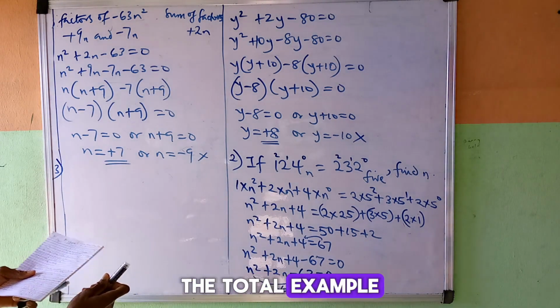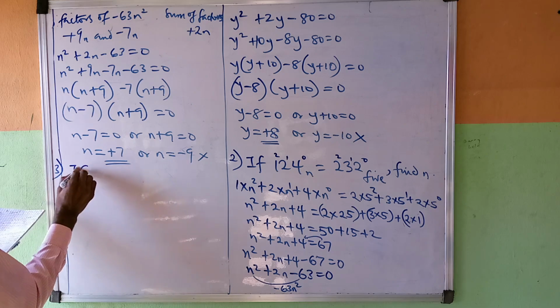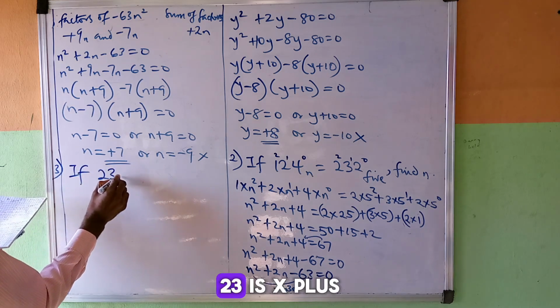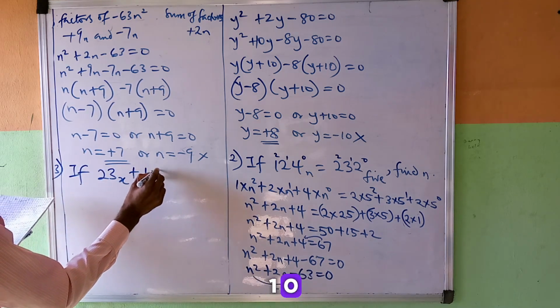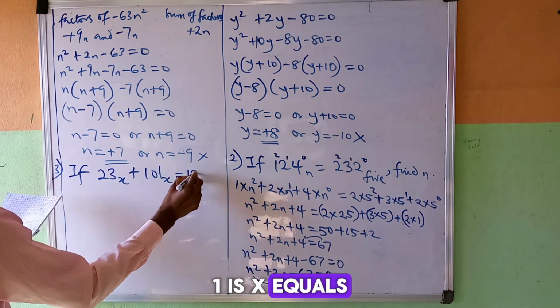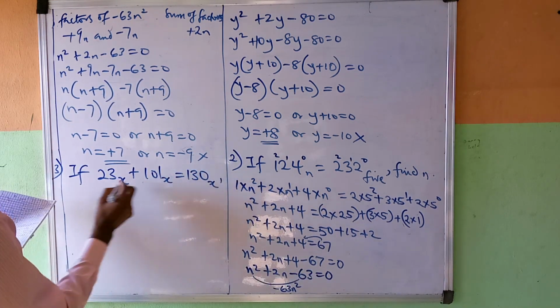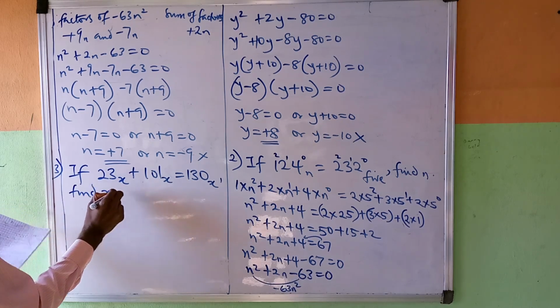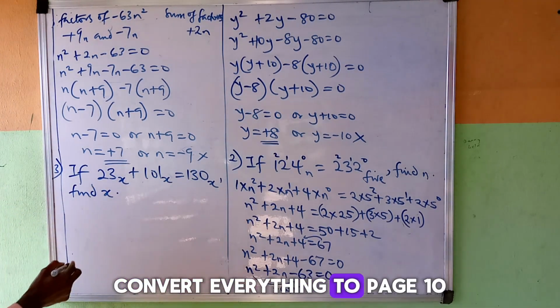The third example says, if 23 base x plus 101 base x equals to 130 base x, find x. Convert everything to base 10.